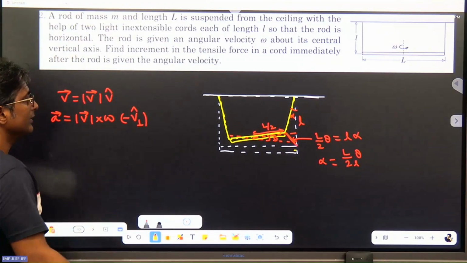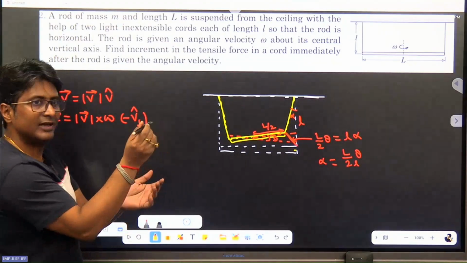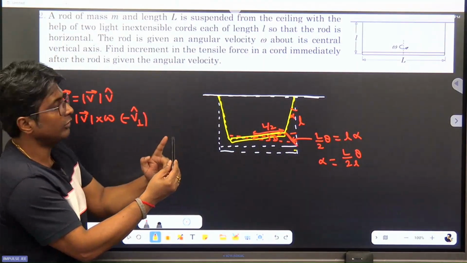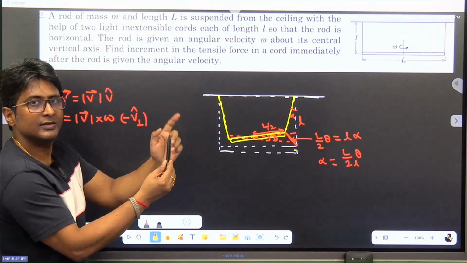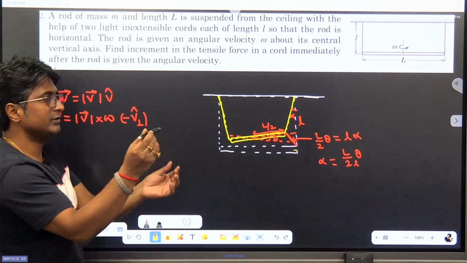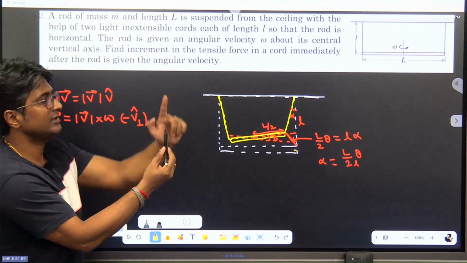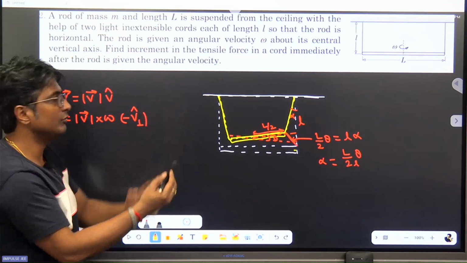Similarly, here the velocity was in this direction and it is lifted like this. So the change will be along the string only, isn't it? Because this is the direction of omega L by 2 and it is lifted like this.